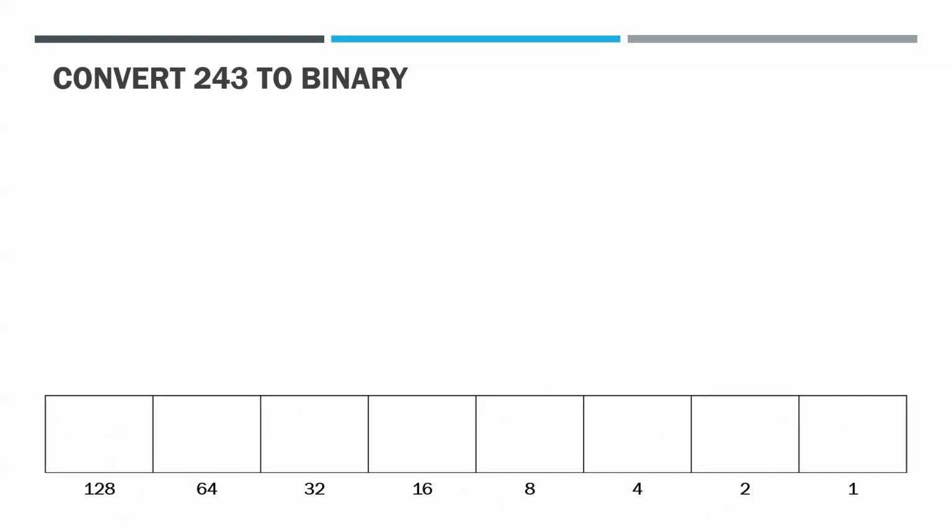And so the question we ask ourselves is: is 243 greater than or equal to 128? The answer, of course, is yes, it is. So what do we do with that?